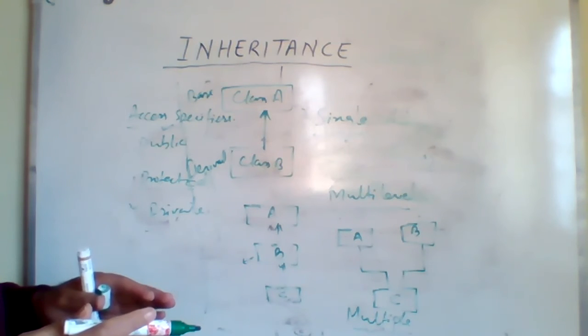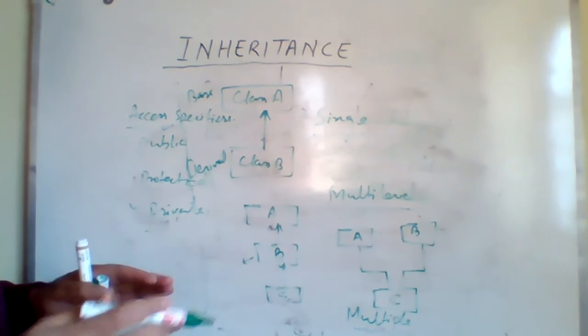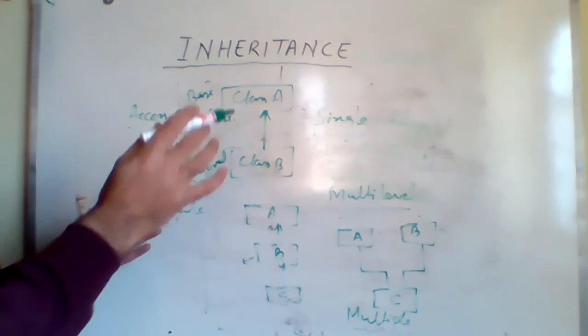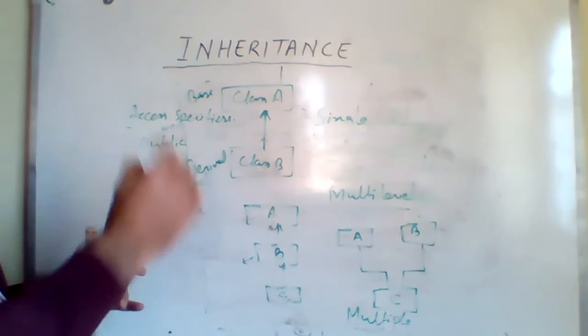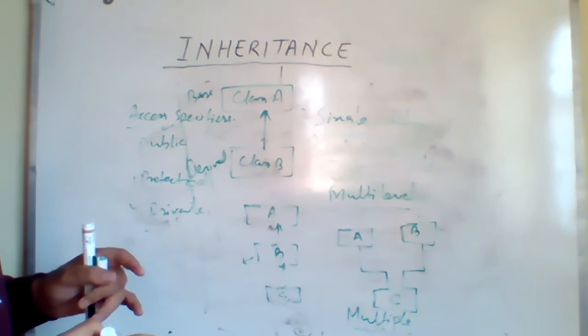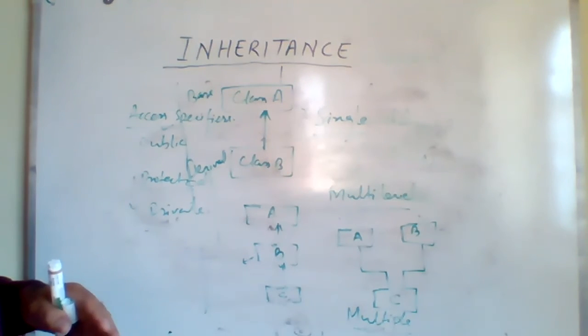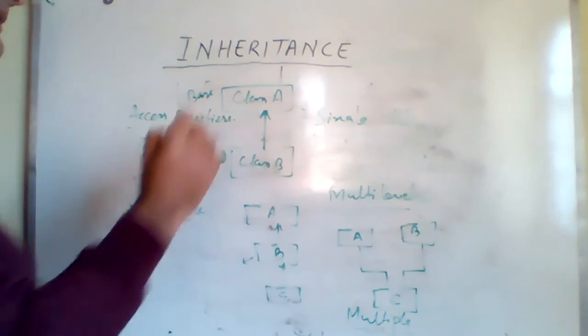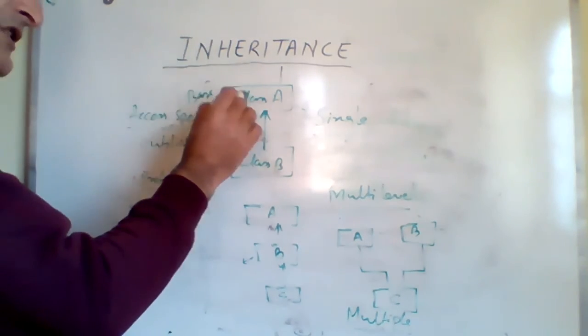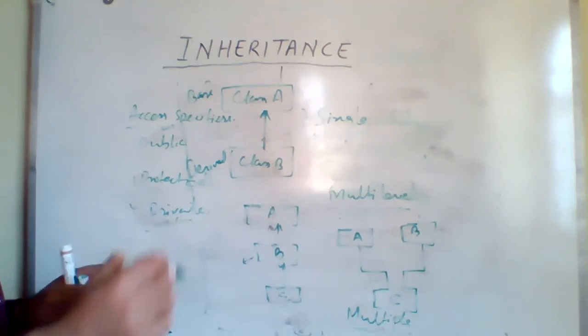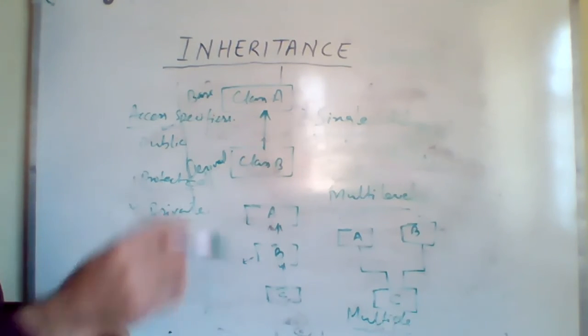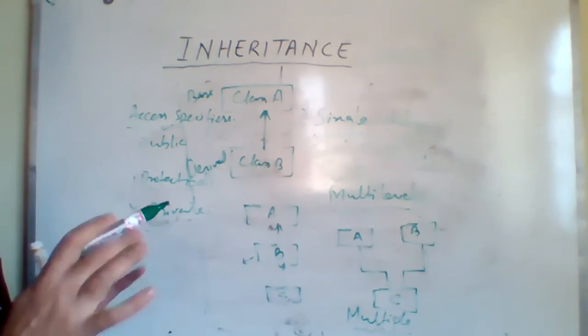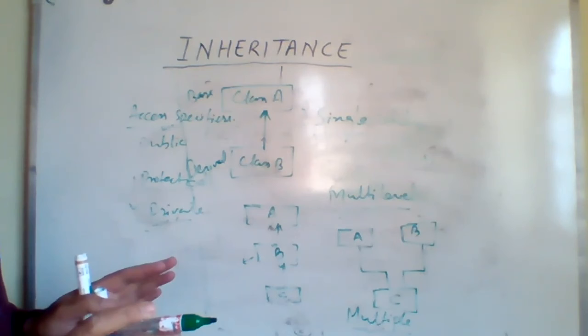When we want to put a constraint that our class, which has public members and protected members, should not get further inherited, what mode do we prefer? Private mode, because in private mode, public members and protected members of the class become private members in the derived class. And in this case too, private members never get inherited.